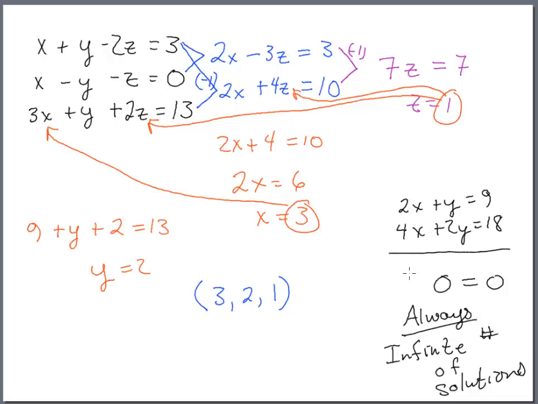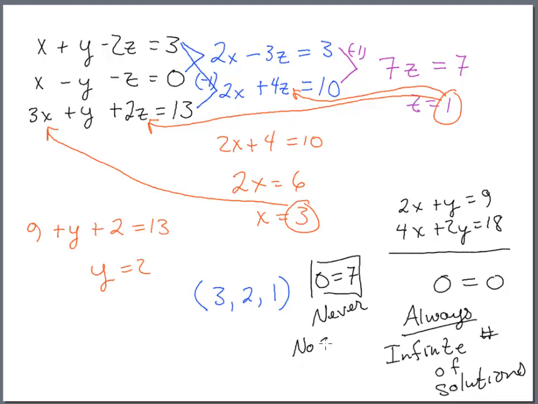However, similar to what we did before, if you should ever get something like 0 equals 7, or 0 equals 1, 0 equals 13, negative 26 equals 13,000, these are just false statements. These never happen, which means that the intersection of both of these lines, or all three of these at the same time, will never happen.